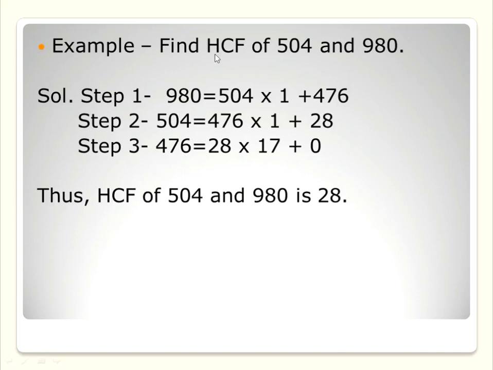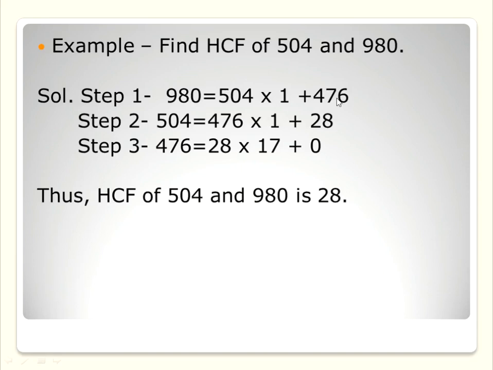Example: we have to find HCF of 504 and 980 by using Euclid's division algorithm. Start with the larger integer, that is 980. Using Euclid's division algorithm, we get 980 equal to 504 into 1 plus 476.